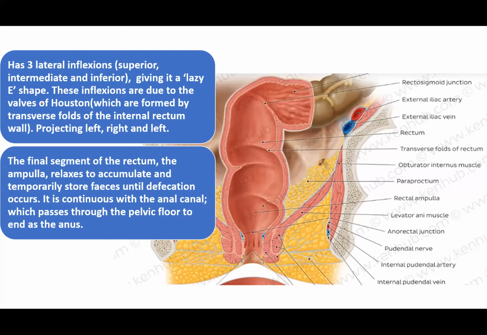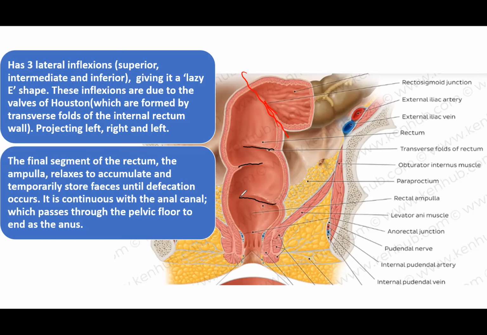If you look at this diagram, this is the rectosigmoid junction at this point. There is one inflection here on the left side, another one on the right side, and at the lower end you have another inflection.